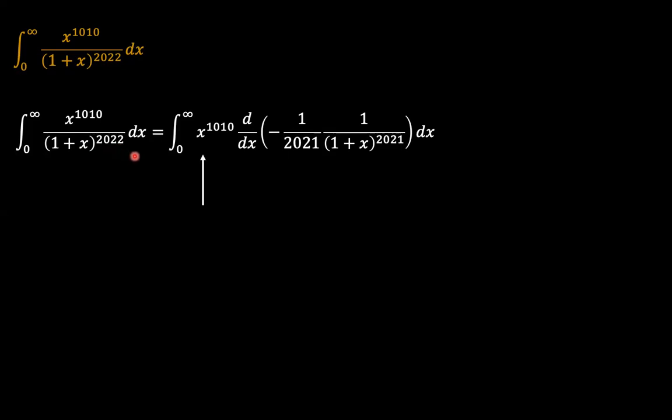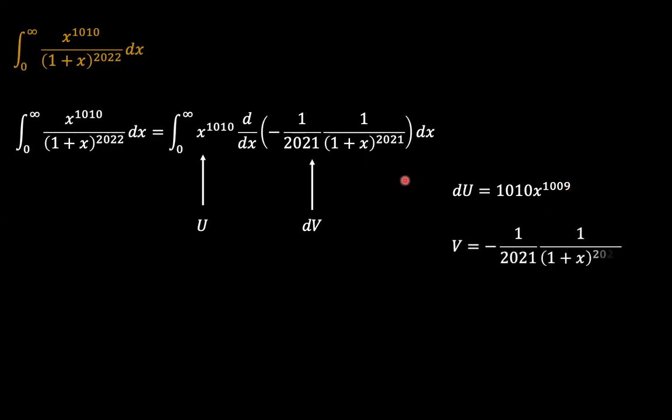So if we consider this initial part as u, and then this entire second part as dv, then du is simply 1010 times x to the power 1009. And then v is simply what is in the bracket here, which is negative 1 over 2021 times 1 over (1 plus x) to the power 2021.